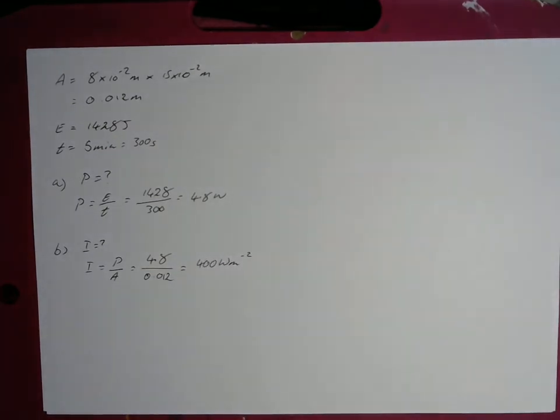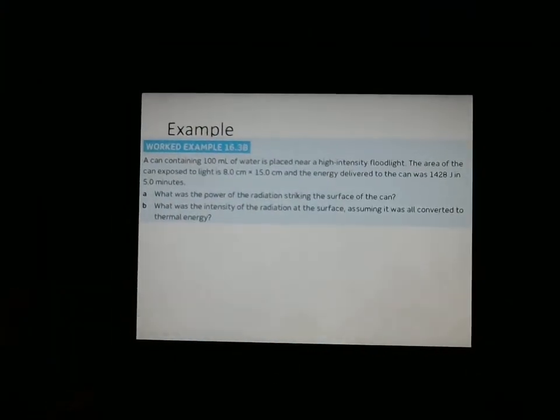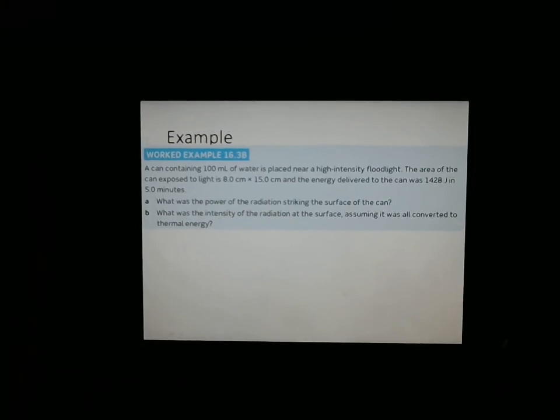Pretty straightforward, but as I said, I don't know if this formula, or these sort of questions, would appear in the final, but it's worthwhile using this to help us understand what intensity means. So we haven't talked about distance yet, because what we've looked at so far is defining the idea of intensity and having a formula that falls out of that definition.